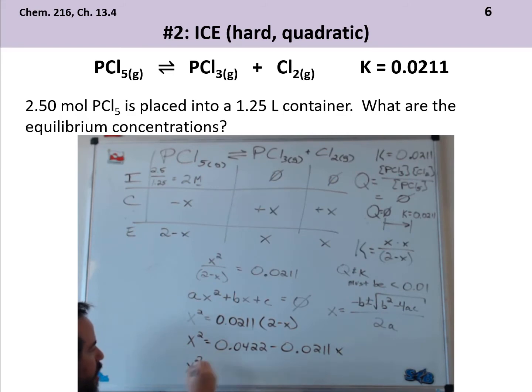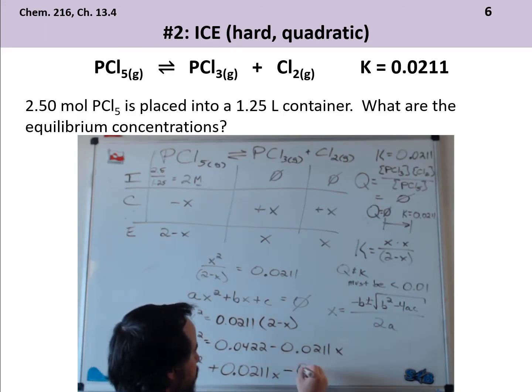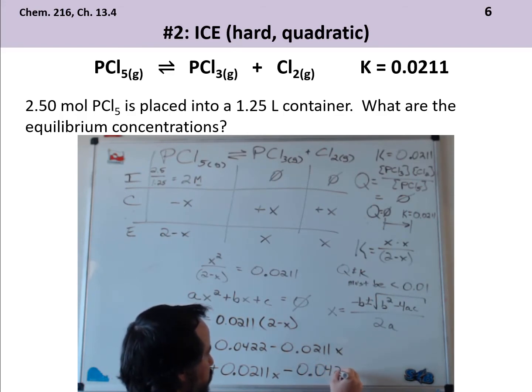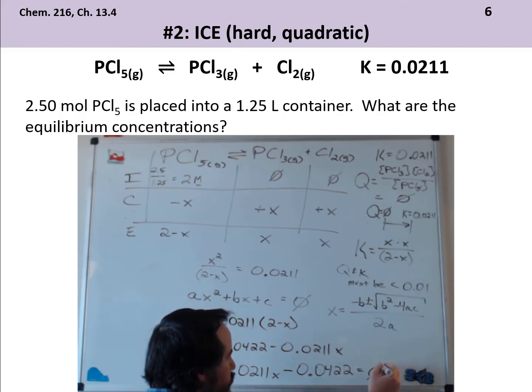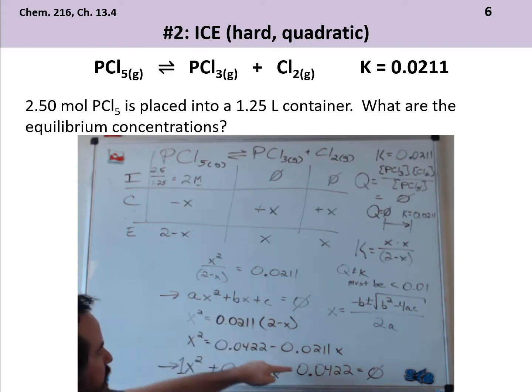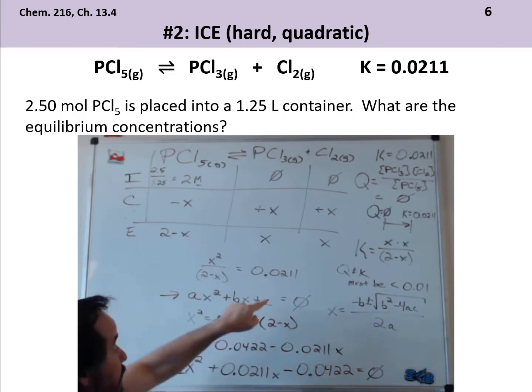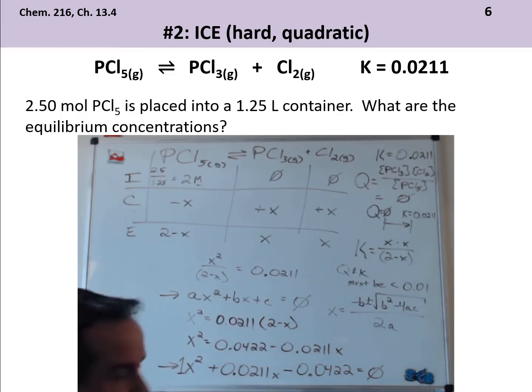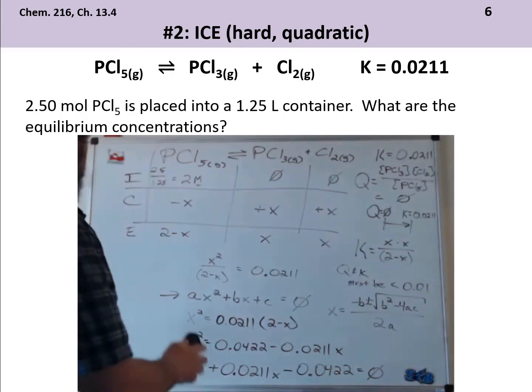So I get x squared plus 0.0211x minus 0.0422 equals 0. I have this in the same form as this, where this 1 in front of it is A, this is B, and this value with the negative sign, that's my C. Okay, let's actually erase some stuff.